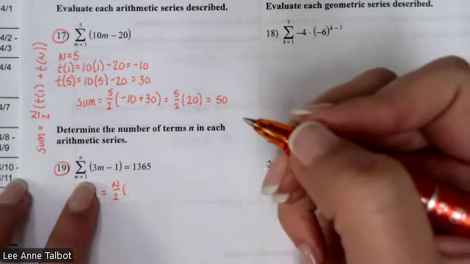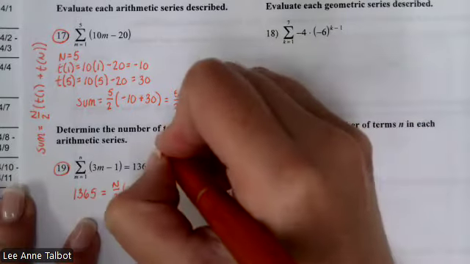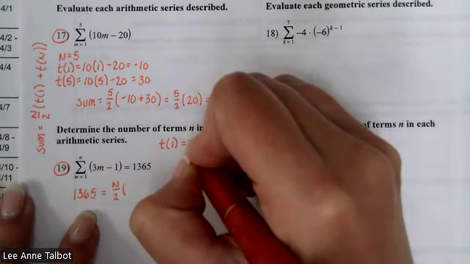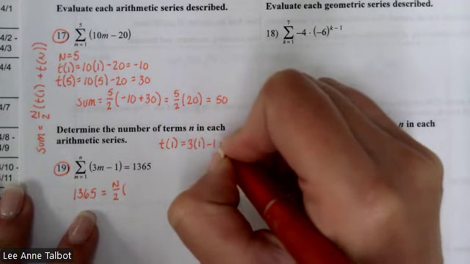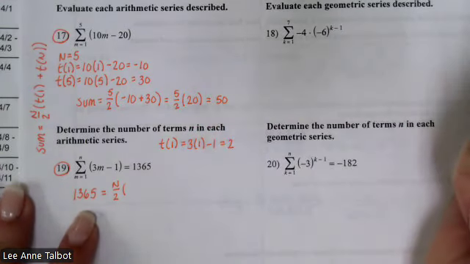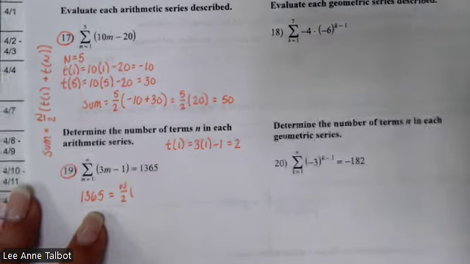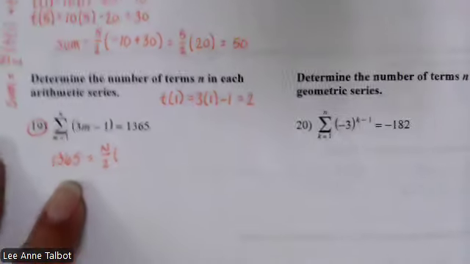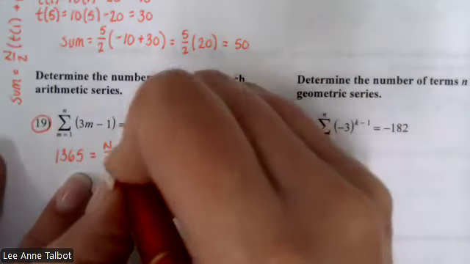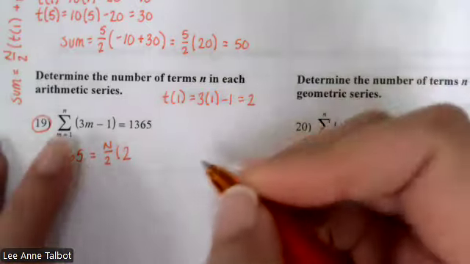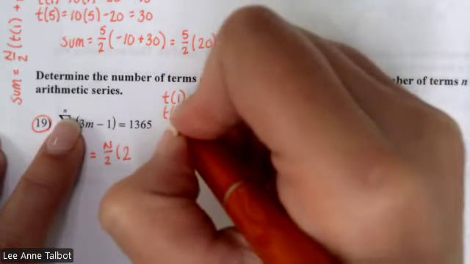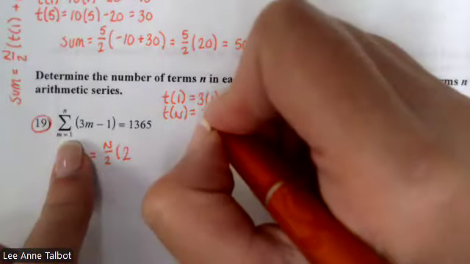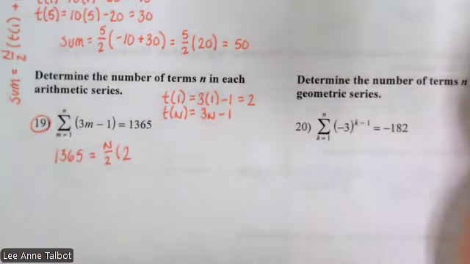Okay, and the first term is what I'm going to get when I plug in 1, because it's telling me it starts at 1. 3 times 1 minus 1 is 2, I believe. T of n is what I would get when I plug in n. So I don't know what n is. So that would be 3n minus 1.